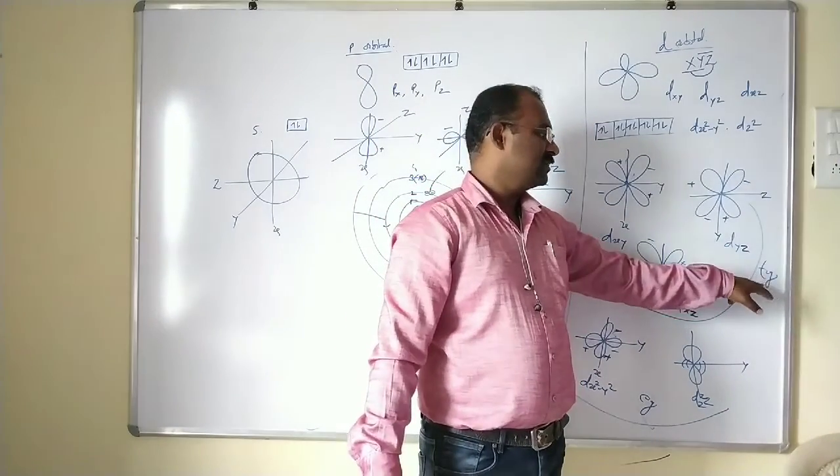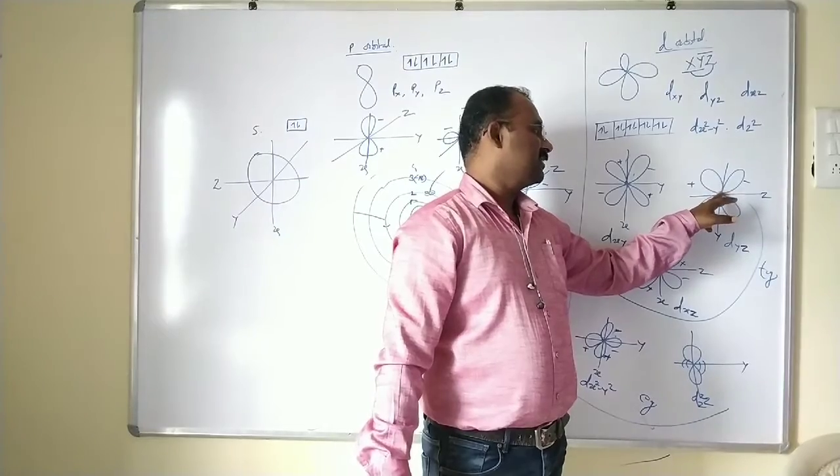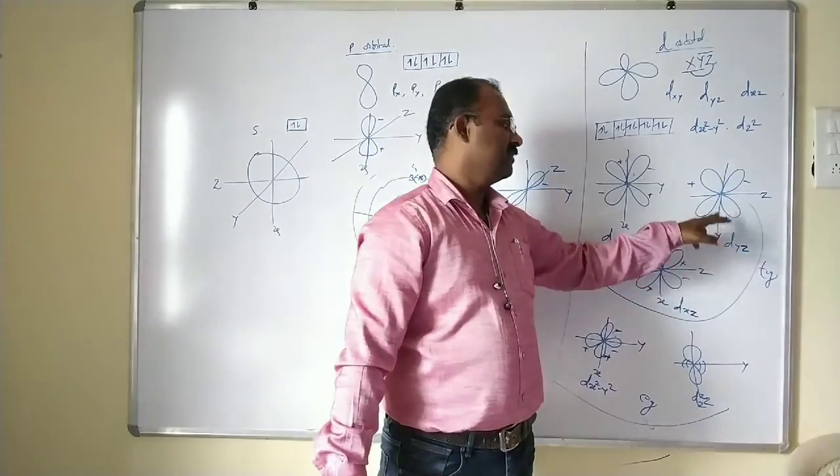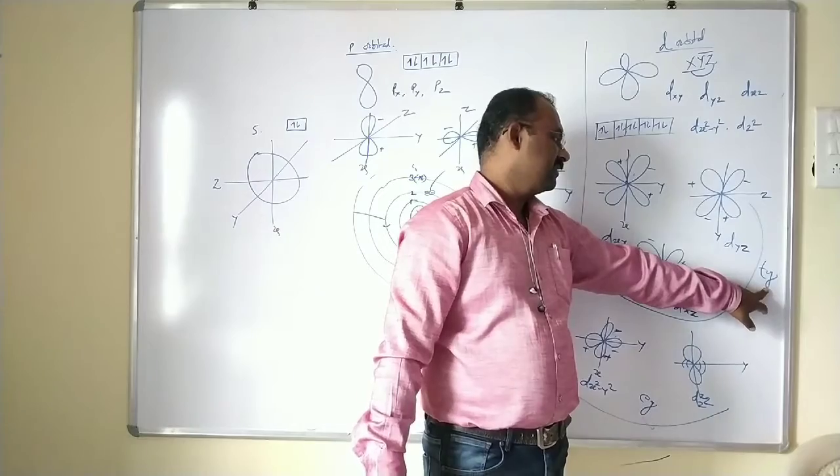Gerade means those shapes, those structures, that have a center of symmetry. In this structure we write g.